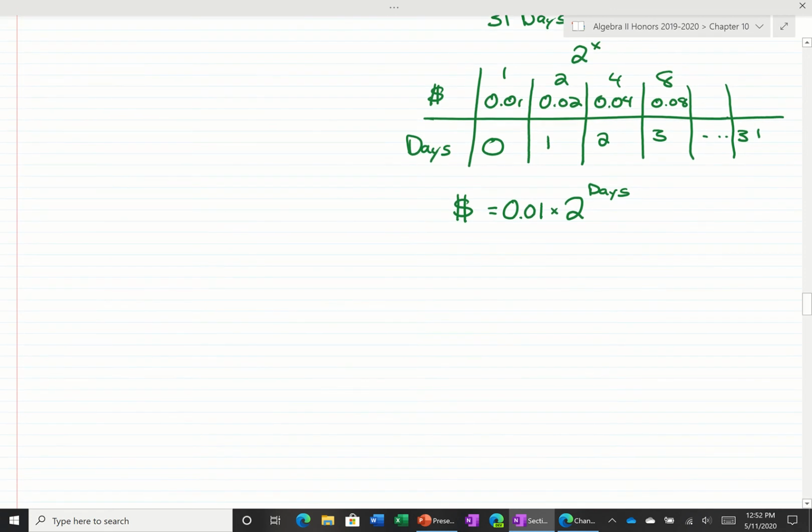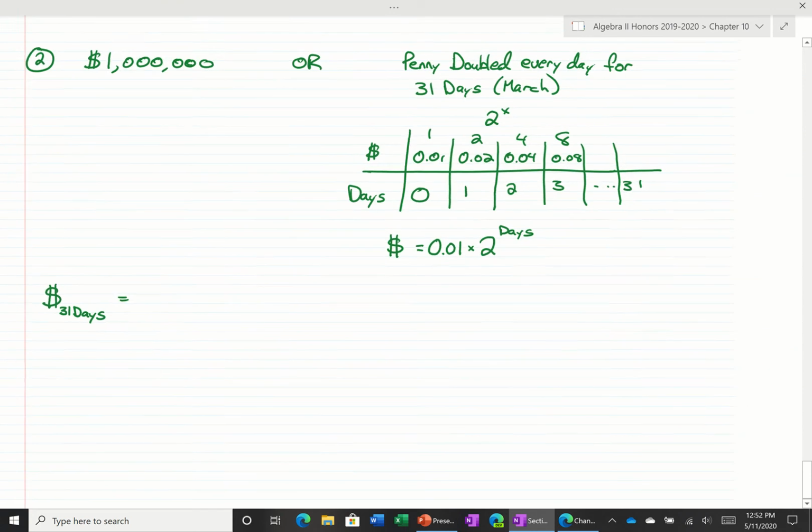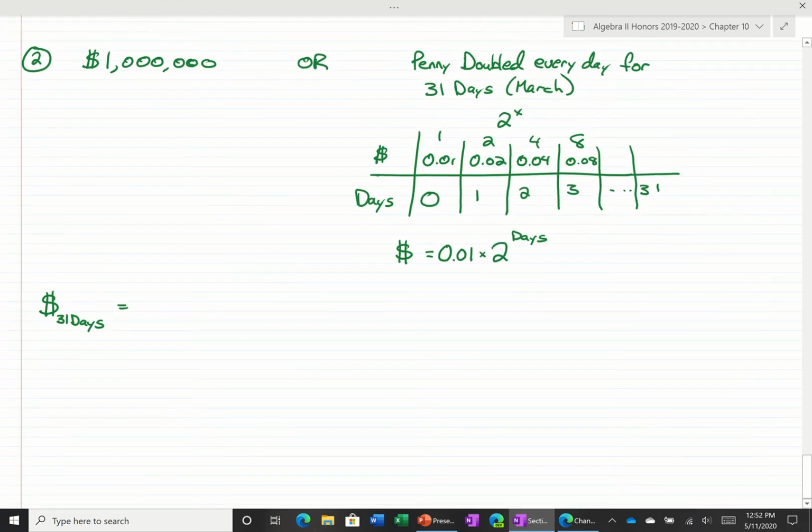All right, so let's figure out how much money you would have after 31 days. That would really determine which option you take, right? The amount of money you would have after 31 days would be 0.01 times 2 to the 31st power.